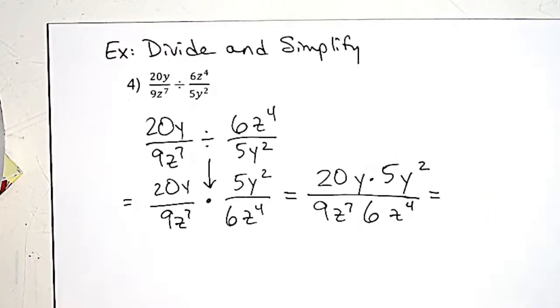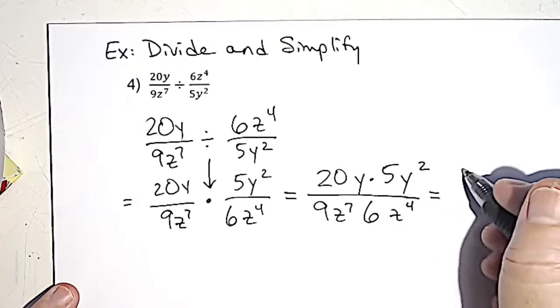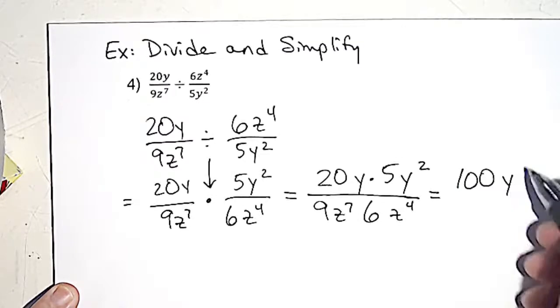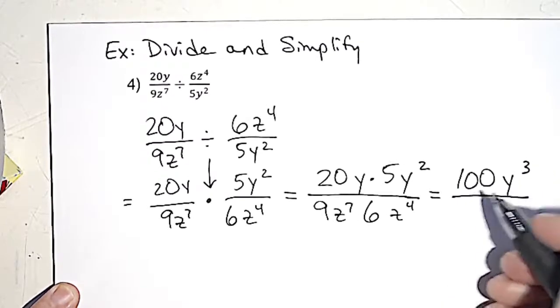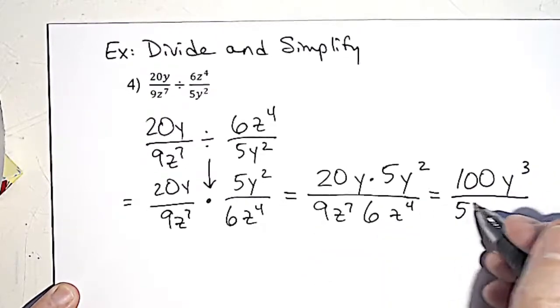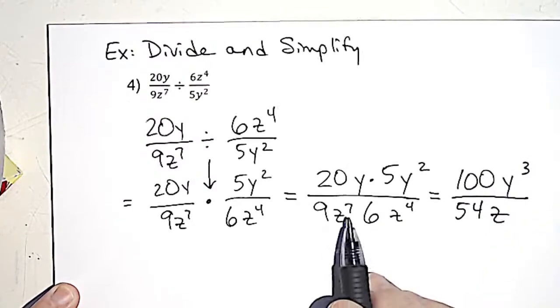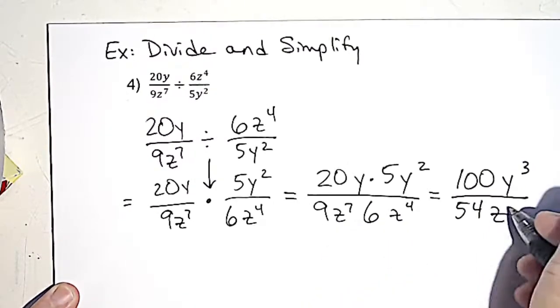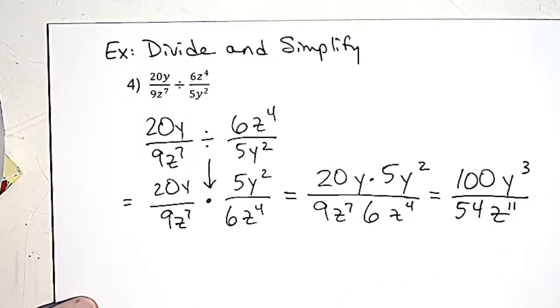Now, if you don't see anything, it's okay to go ahead and just multiply. I think I've got 100y cubed all over 9 times 6 is 54z to the 7th plus 4 is 11th. And then I say, oh no, oh my goodness, you guys were probably yelling at the screen the whole time.